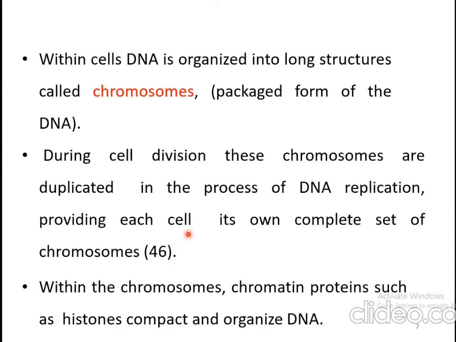When a cell divides, DNA is duplicated and divided and distributed from parent cell to daughter cell, and the same set of 23 pairs of chromosomes is passed from parent cell to daughter cell. This process of duplication and distribution of DNA from parent cell to daughter cell is known as replication or duplication of DNA.